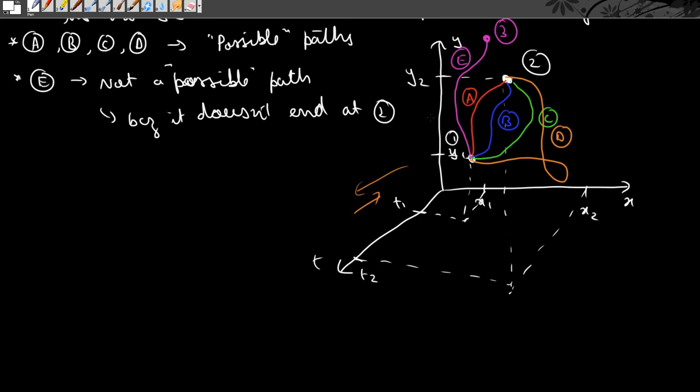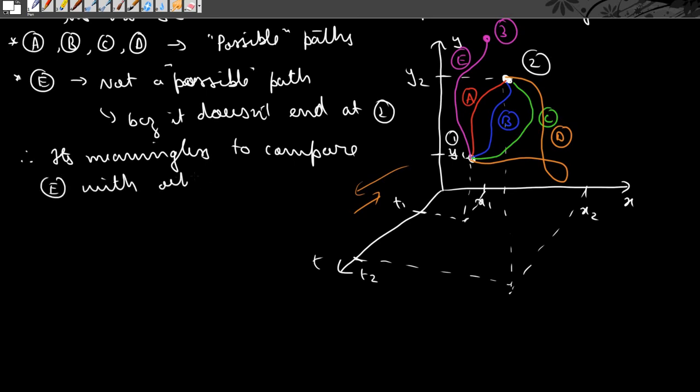So therefore it becomes meaningless to compare path E with the other paths, because E is not possible at all.